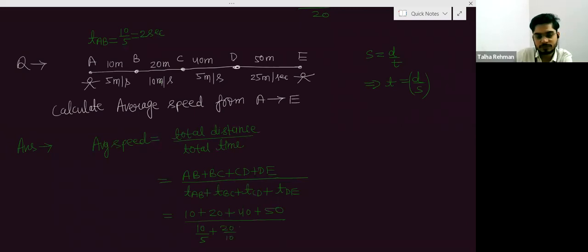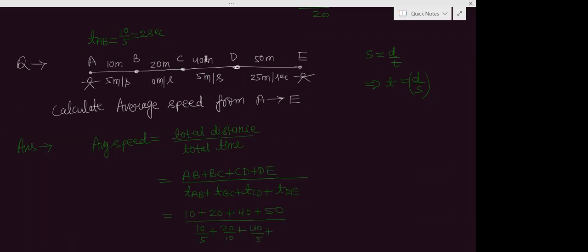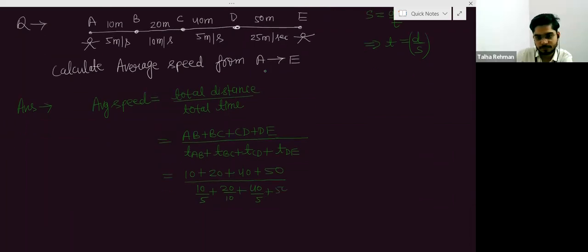Is it or not? Time from C to D is 40 by 5. Time from D to E, 50 by 25. Now we can calculate it.